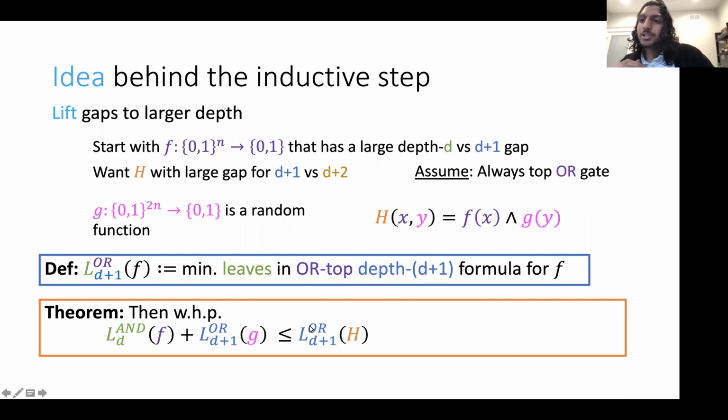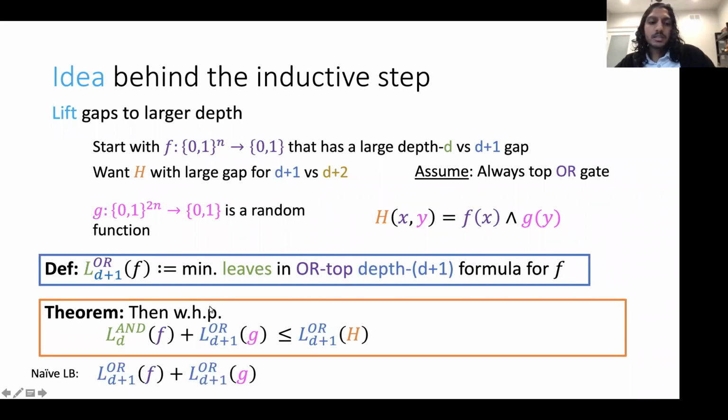For now, I would suggest you just ignore them, and maybe after we go through it a little bit, take them more into account. We show that the d plus 1 complexity of h is lower bounded by the d plus 1 complexity of g plus the depth d complexity of f.